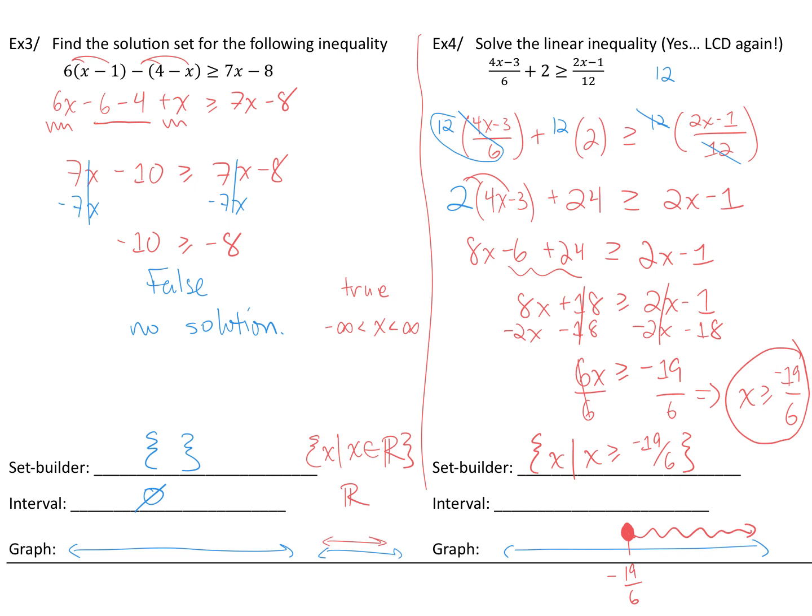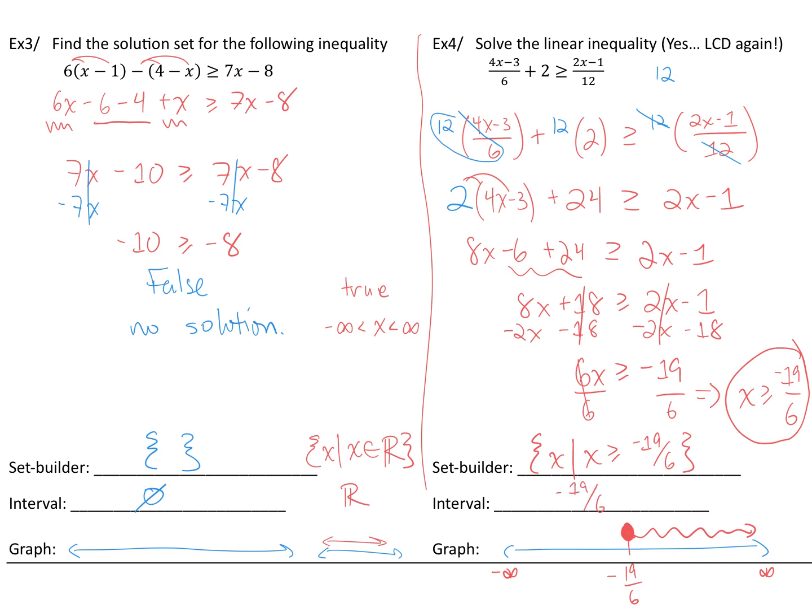In order to get the interval notation, I'm going to put my infinities in here. Remember, interval notation starts with the most negative value and continues to the most positive value, aka left to right in this case. And you can see here where the graph is shaded, it starts as far left as negative 19 over 6 and goes all the way to infinity.